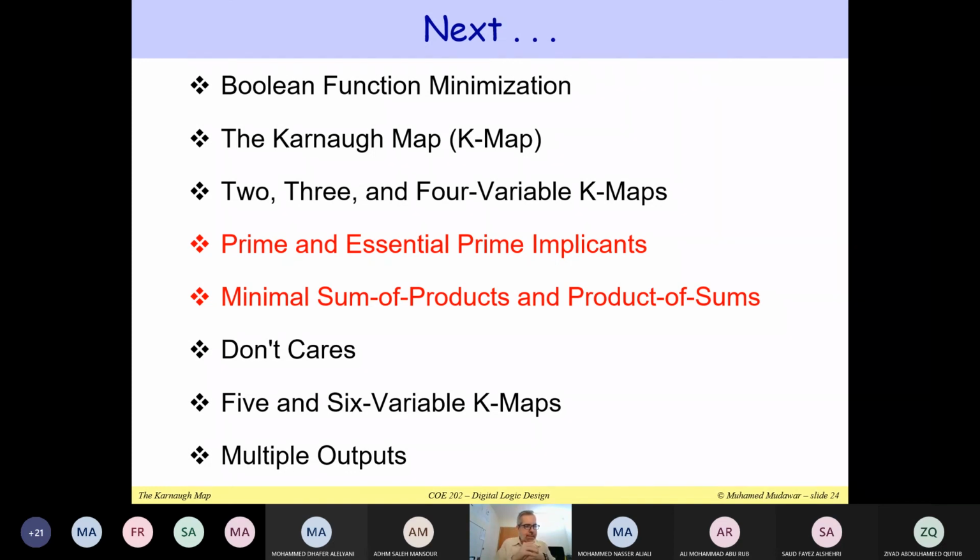But how do I select these terms to make sure that my function is minimal? I'm going to talk about this, inshallah. I talked about minimal sum of products, but I also need to talk about minimal product of sums. We can also obtain minimal product of sums from the Karnaugh map. Meaning you can have not only sum of products, but also product of sums.